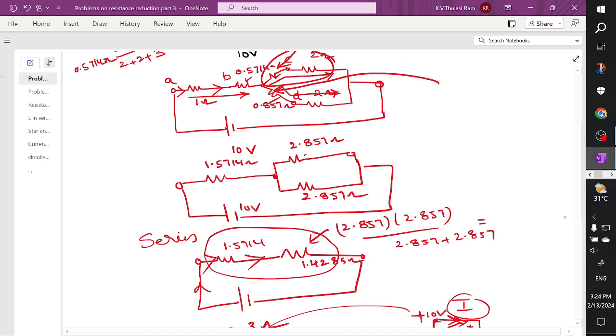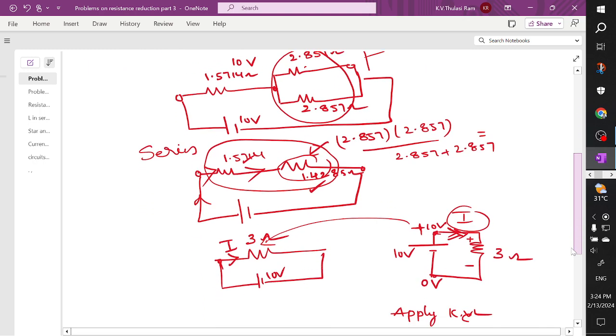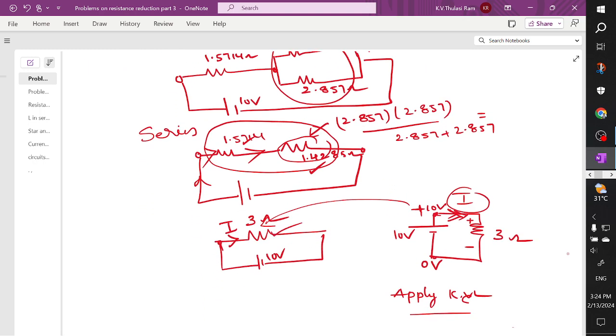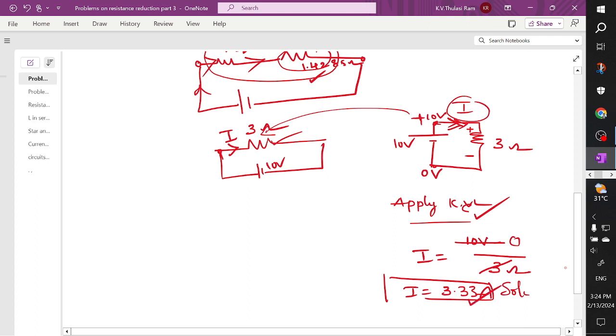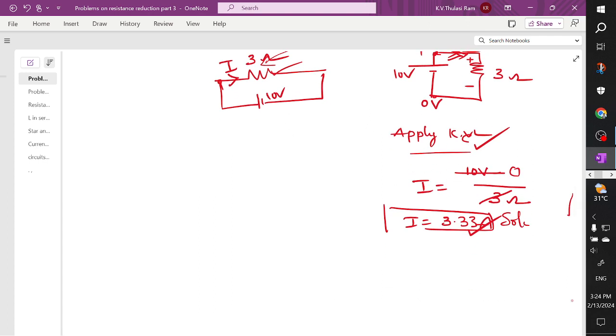After drawing, these two are connected in which connection? Parallel connection. I drew a single resistor, and already this is also there. After redrawing, this resistor and this resistor are connected in series. So I got the resultant resistance as 3 ohm, and I applied nodal analysis and determined the current as some 3.3 amperes. This is how to solve the problems by the resistance reduction method.